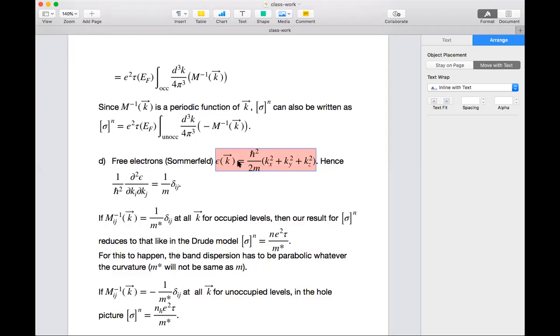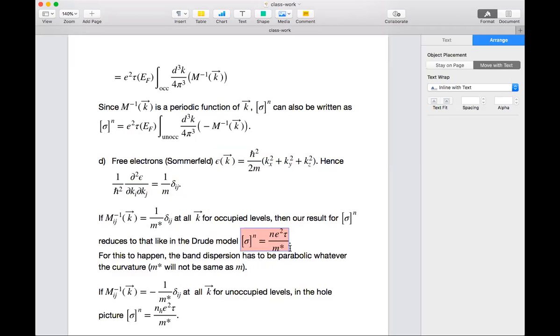In some metals, which are very much free electron-like, you may have exactly or nearly exactly parabolic bands, which would give you a diagonal structure for this M inverse, and then you can get a Drude-like formula like this. In non-metals, of course, it doesn't happen.